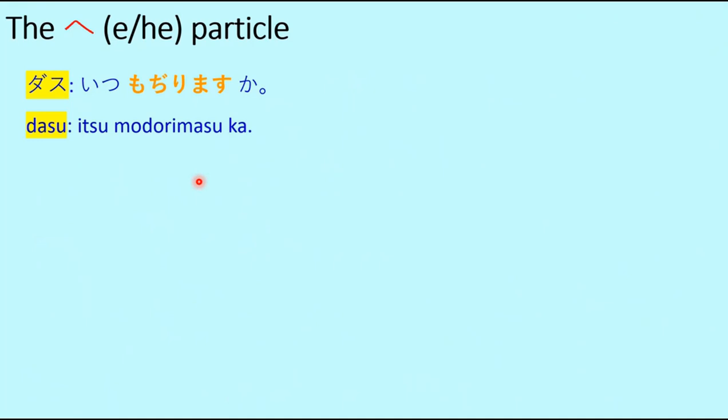Itsu modorimasu ka? So now the next question of Das-san is, when are you returning back? When will you return? Modorimasu, as I told you, is a general verb that indicates the return to the same place. Since the first question was, where are you going? Doko e ikimasu ka?